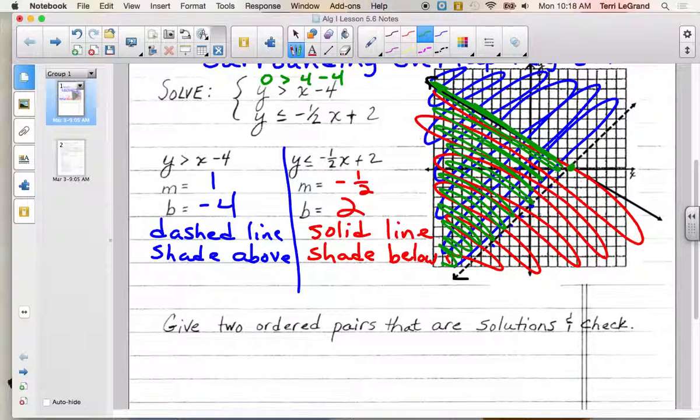Okay? So go turn your graphing calculators back on. Go to your y equals screen and clear out what you had in there. Let's first put in our x minus 4. And then get it so that it is greater than: go over to the left-hand column and get it so it is greater than.